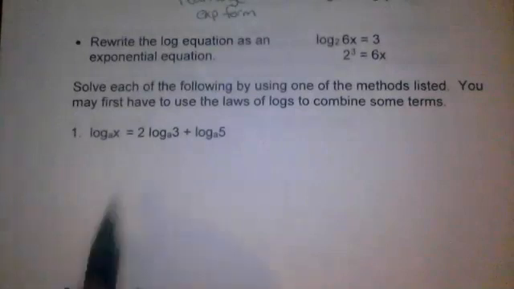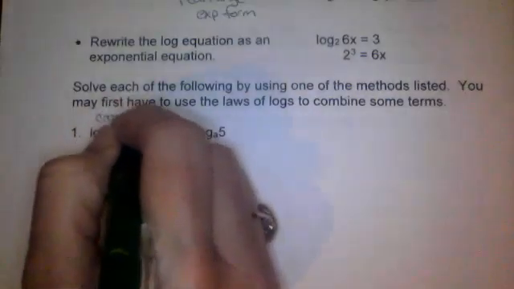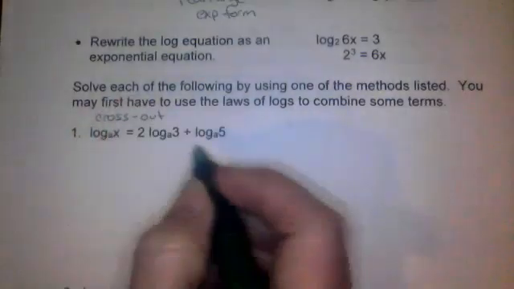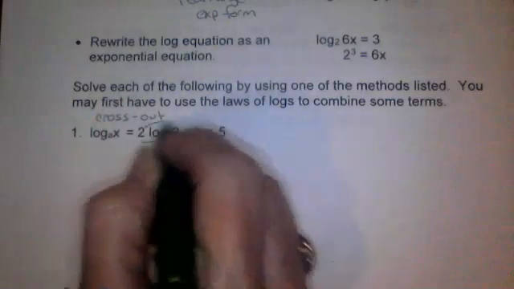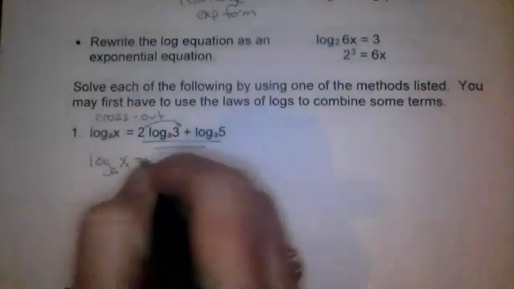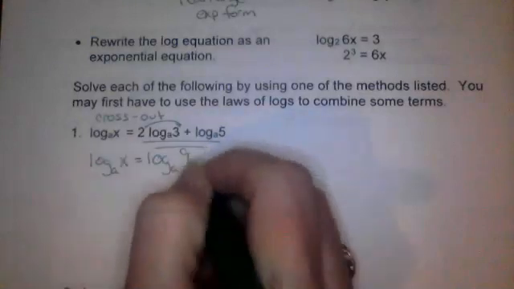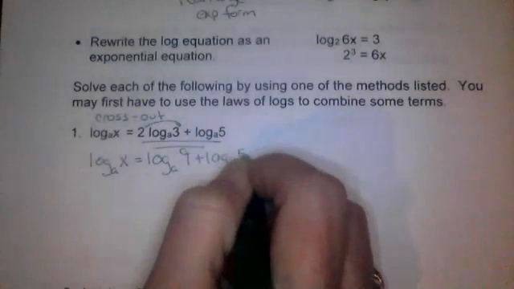In this first one, every single term has a logarithm attached, so this is going to be like that cross-out problem. But before we can cross out, we have to combine logarithms. So remember that the 2 comes over as an exponent. So I have log base a of x equals log base a of 3 squared, which is 9, plus log base a of 5.